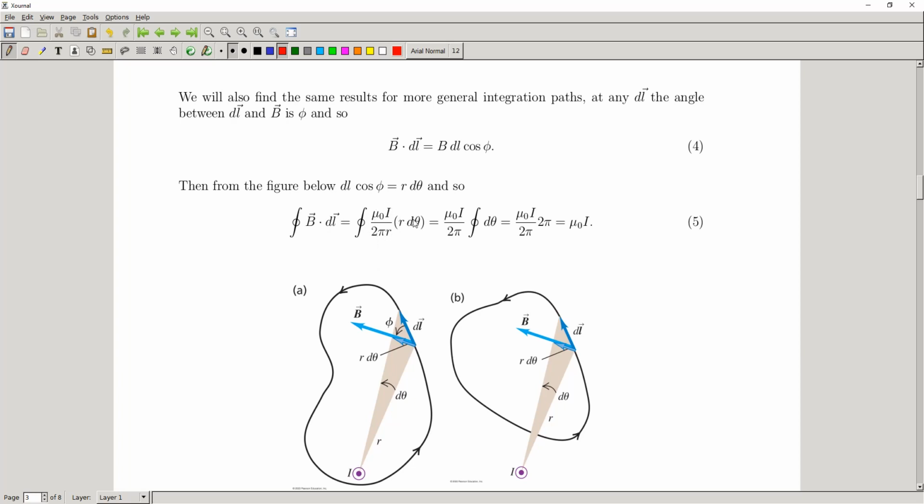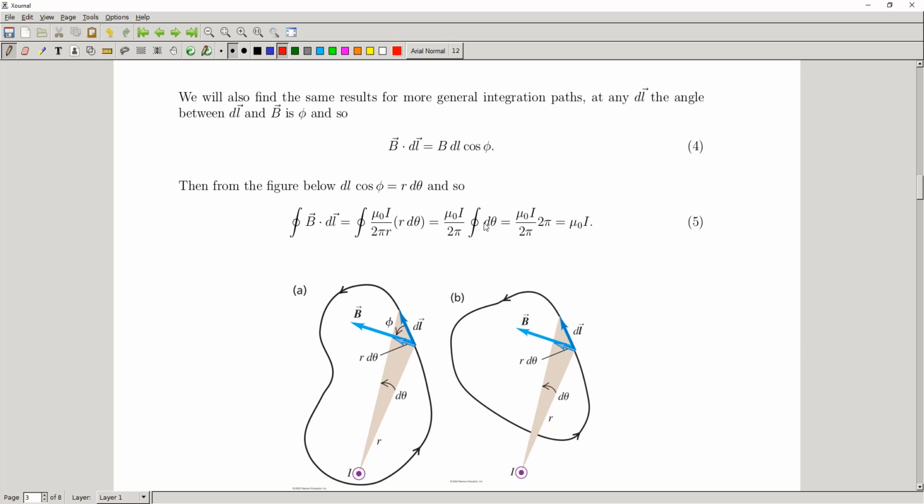And our dl cos phi ends up giving us r d theta. So we end up with this setup here. Now we can just factor out everything that's not getting hit by the integral. We're only integrating over theta now, since theta is the only thing that's changing. So we need to do this closed loop integral of just d theta.